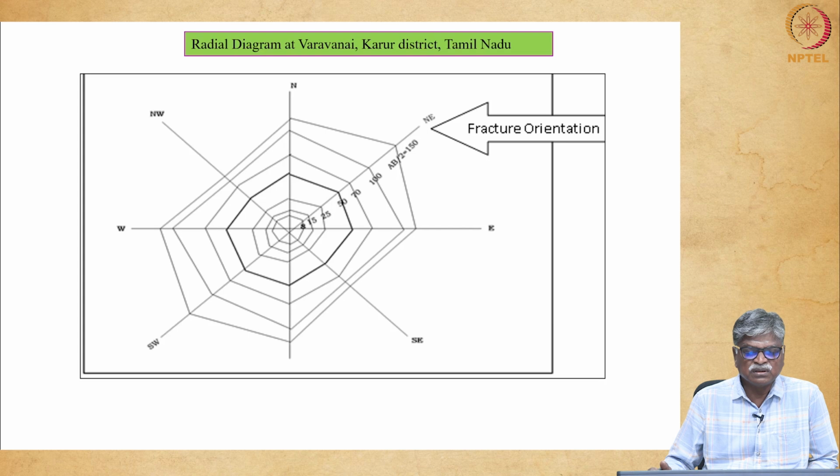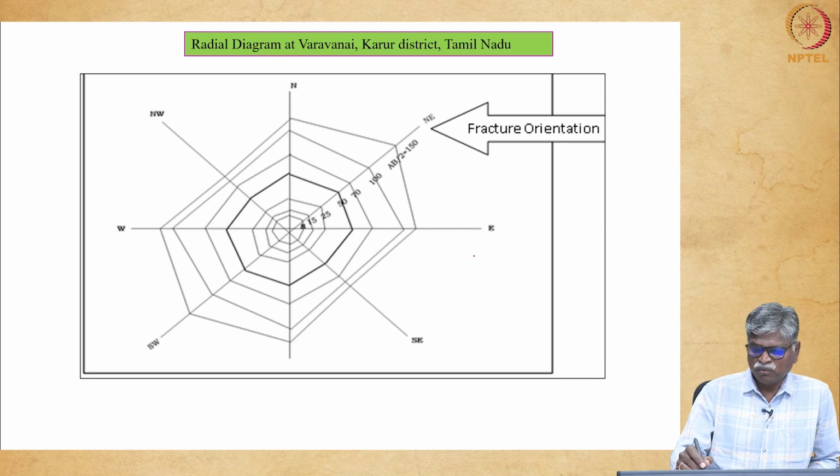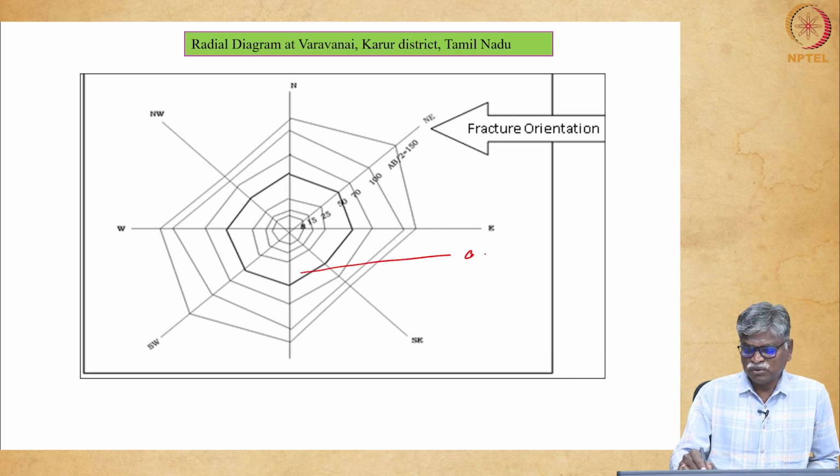Another one: in the previous slide I told you about the radial electrical sounding. The radial electrical sounding is used to find out the orientation of the fracture. You know how to do the VES, keeping one place. Suppose this is the center. First you do one VS, then a perpendicular one.